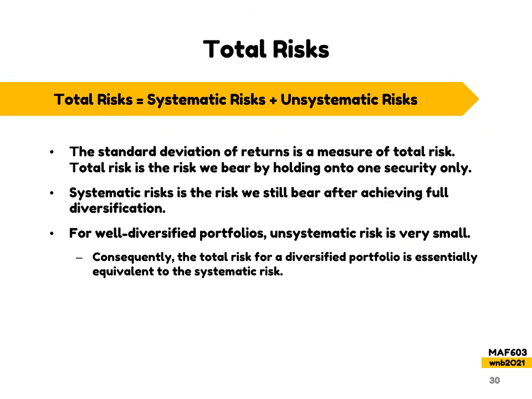From the slide before, we know that systematic risk plus unsystematic risk will form the total risk. For a portfolio, the total risk includes the systematic portion plus the unsystematic portion of risk.